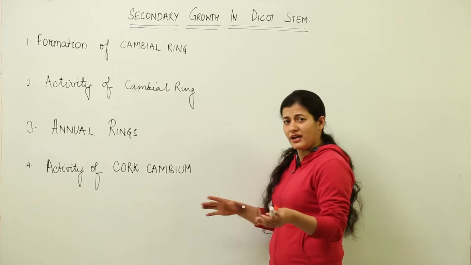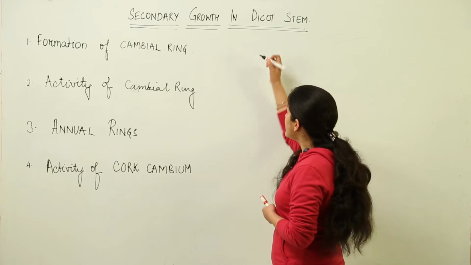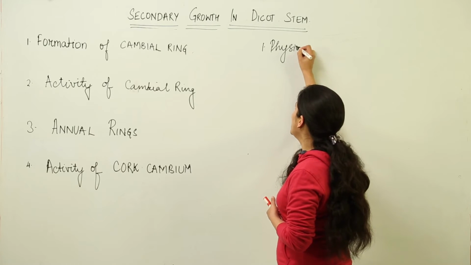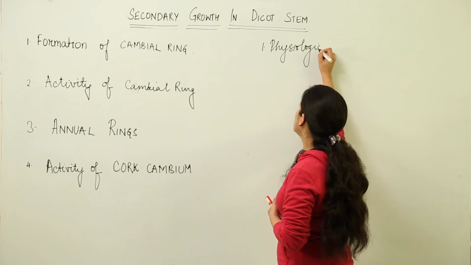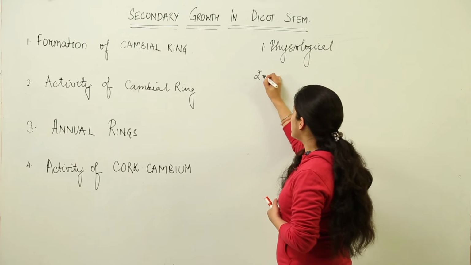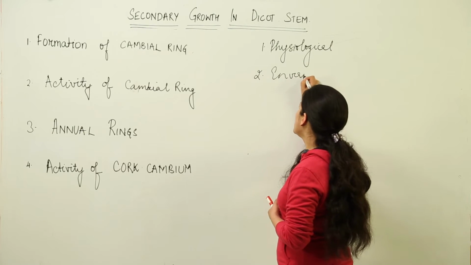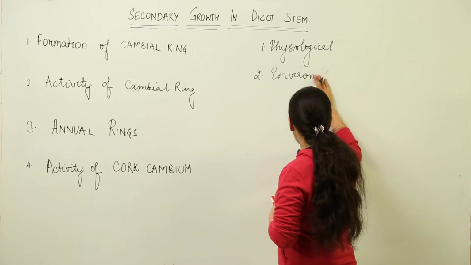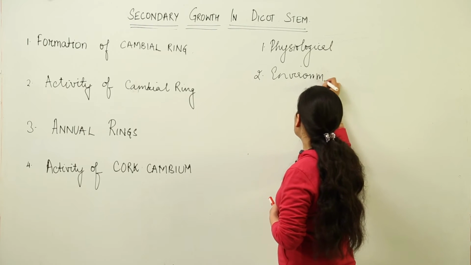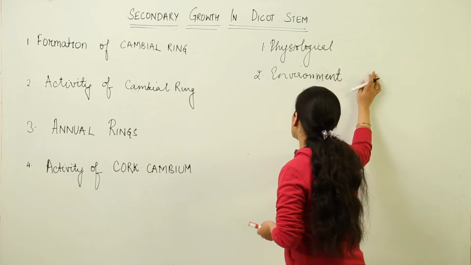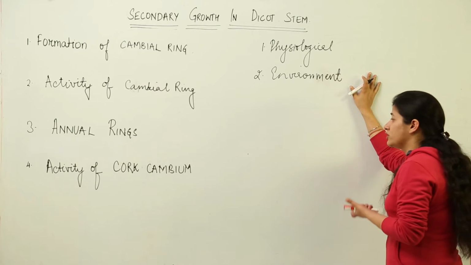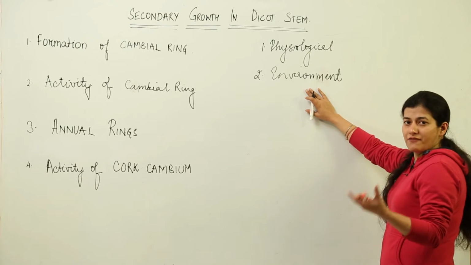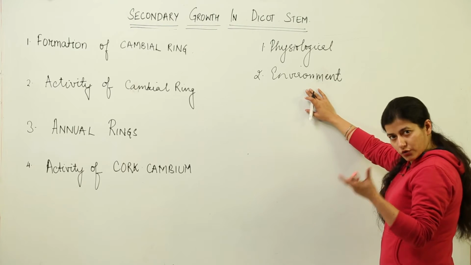The first factor is the physiological factor, and the second factor is the environment in which the organism is located. Talking about plants, it is the physiology of the plant, that is, what it is taking up and its internal condition, and the environmental factors which play a role in growth.